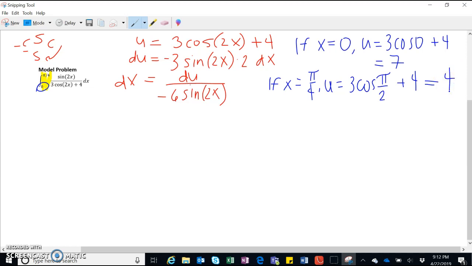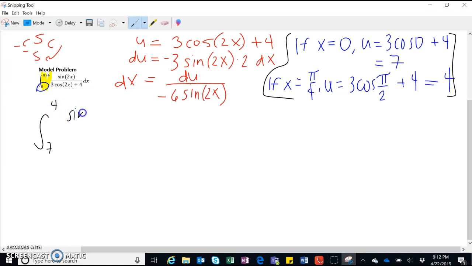All of this stuff in red and blue up at the top allows me to come back to my original integral and write the whole thing in u's. So I'm not going to put a 0 for my lower bound anymore, because over here in blue, what I established is new bounds for the integral. The 0 is equivalent to a u of 7, and the pi over 4 is equivalent to a u of 4.